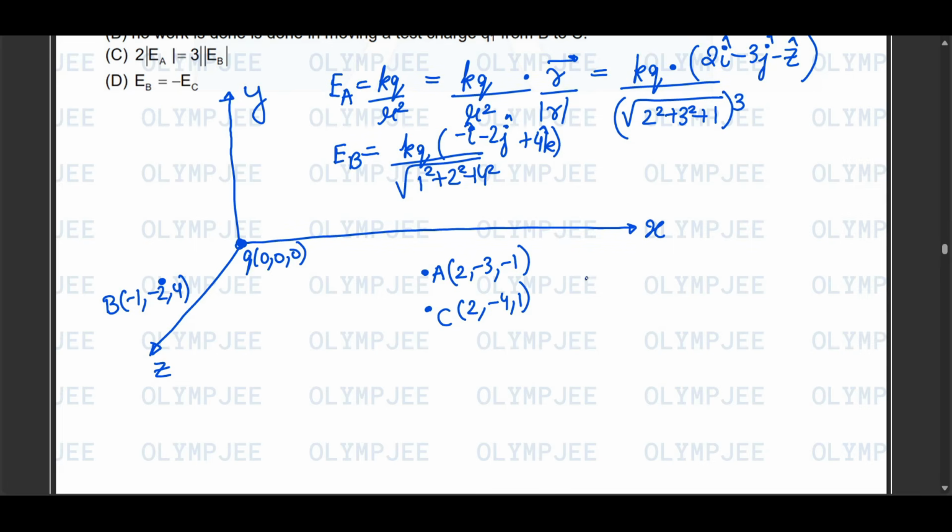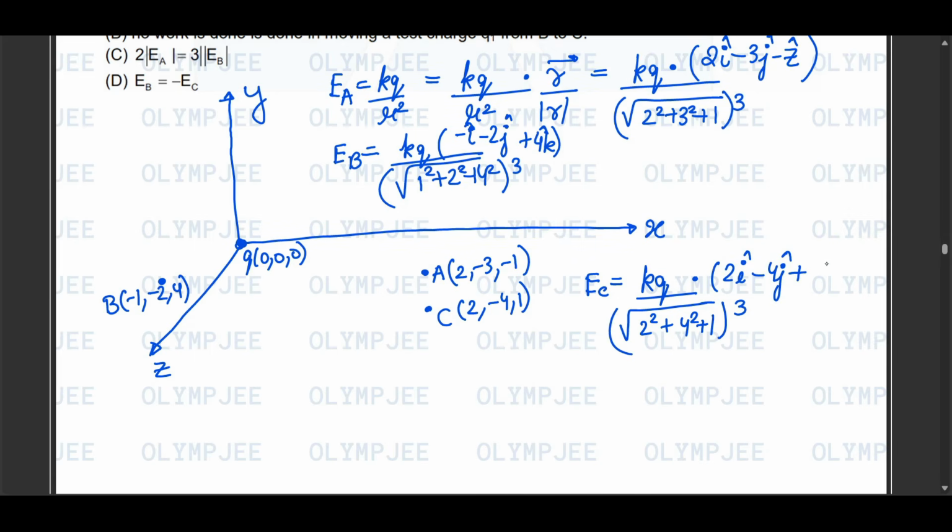And similarly, EC can be written as kQ by (2 square plus 4 square plus 1) raised to power 3/2 multiplied by 2i cap minus 4j cap plus k cap.